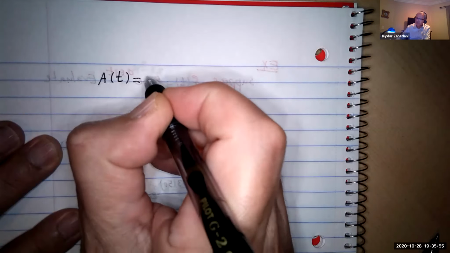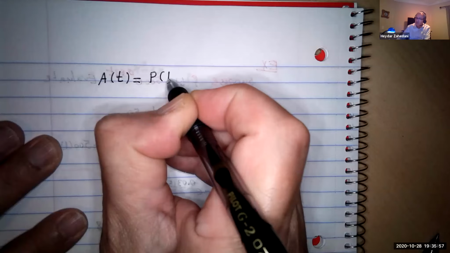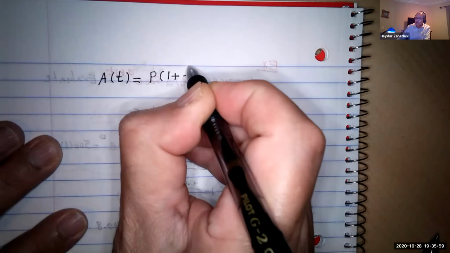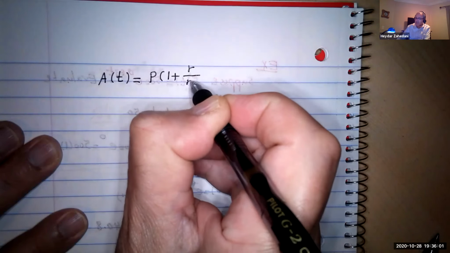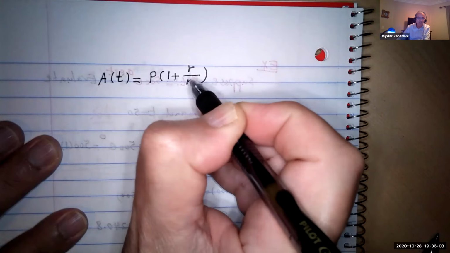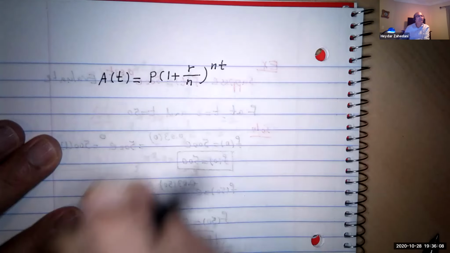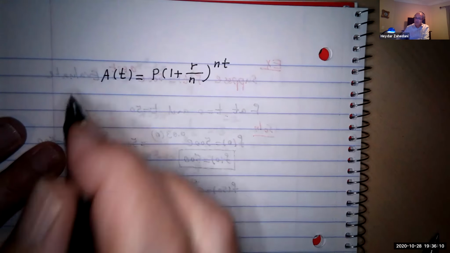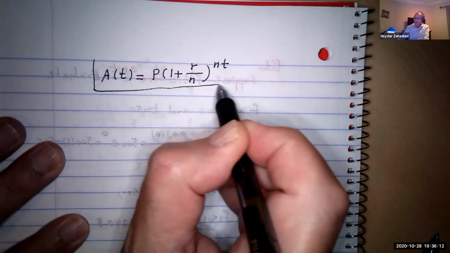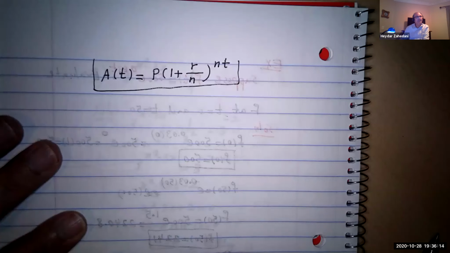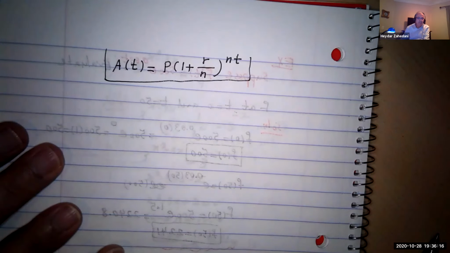The money in the bank in this case is P, the money that you start with, times 1 plus the rate divided by the number of times that you compound it, all raised to the power n times T. This is the money in the bank after T years if you compound it n times.